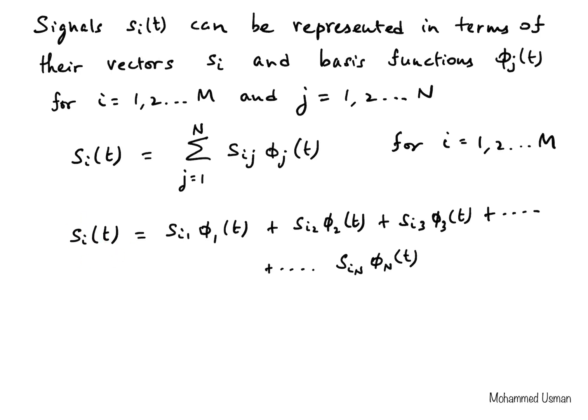So if we had s_1 of t, it will be s_11 phi 1 of t plus s_12 phi 2 of t plus s_13 phi 3 of t, and so on.